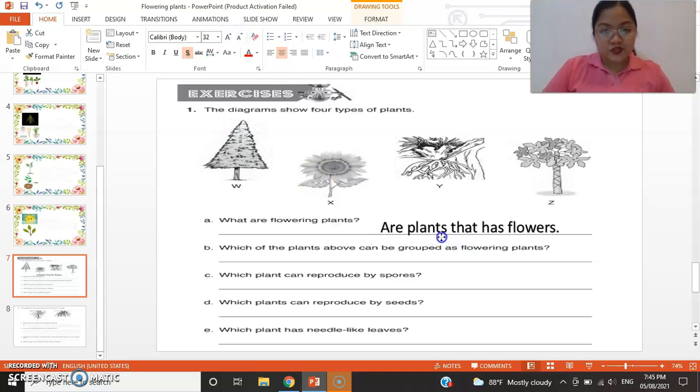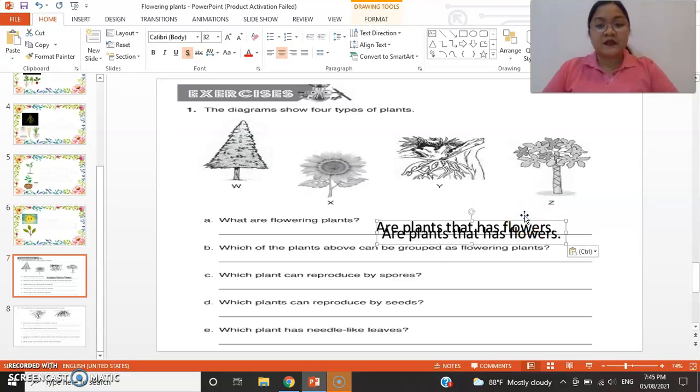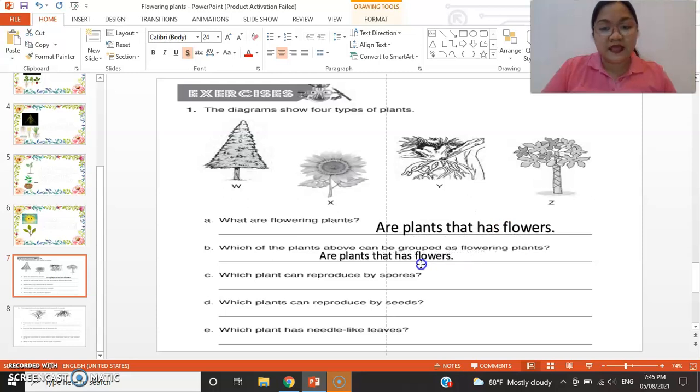Okay, let's try to answer letter B. Which of the plants above can be grouped as flowering plants? In plants W, X, Y, and Z, which plants do you group as flowering plants?